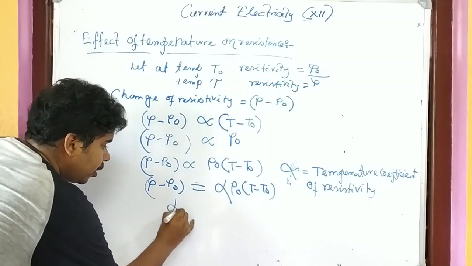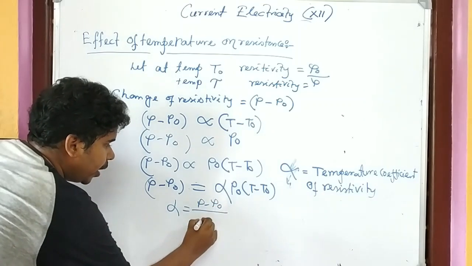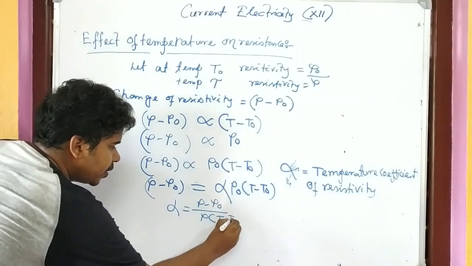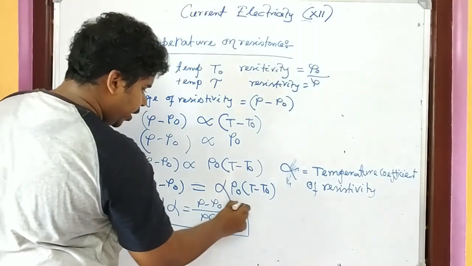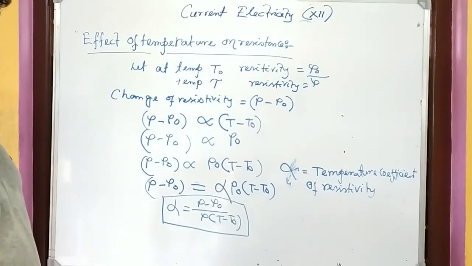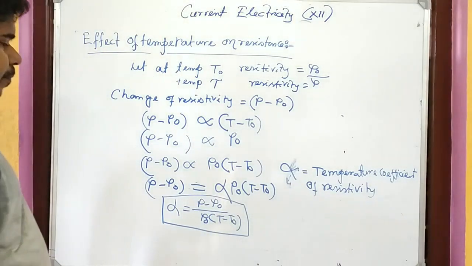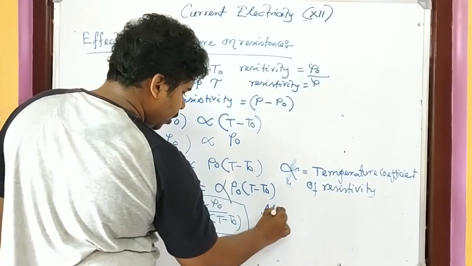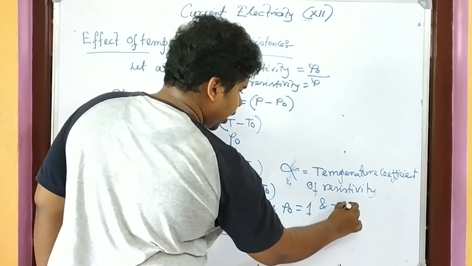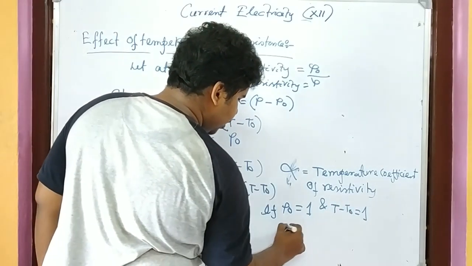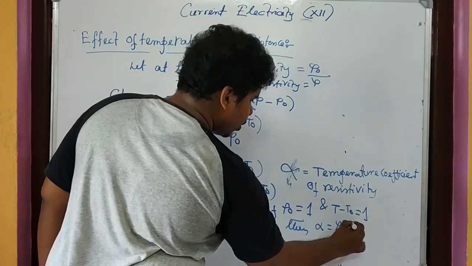Alpha equals rho minus rho 0 by rho 0 into T minus T0. So if rho 0 equals 1 and T minus T0 equals 1, then alpha equals rho minus rho 0.